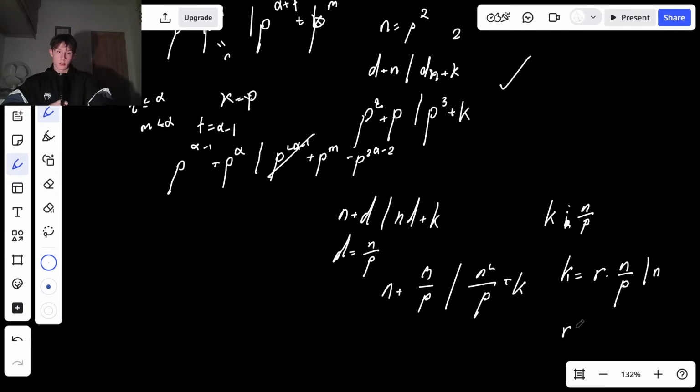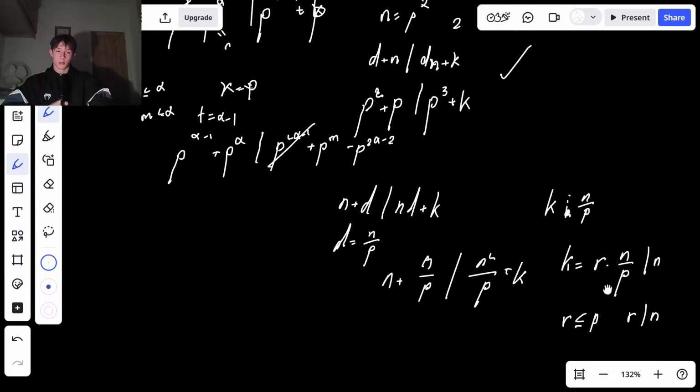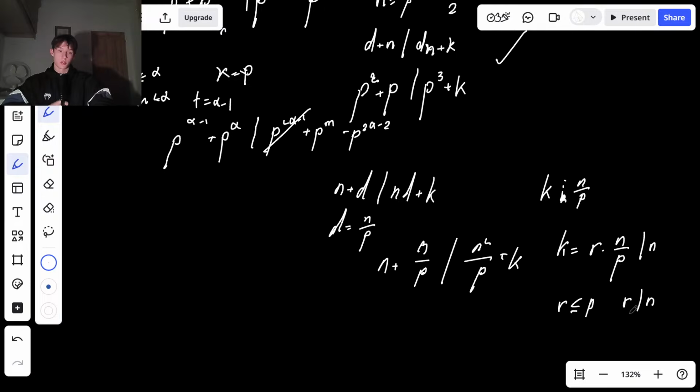Well, r is clearly less than or equal to p, and r should divide n, clearly. Since p was the smallest factor of n, r is equal to p or r is equal to 1.